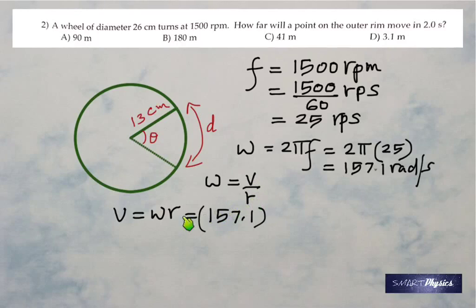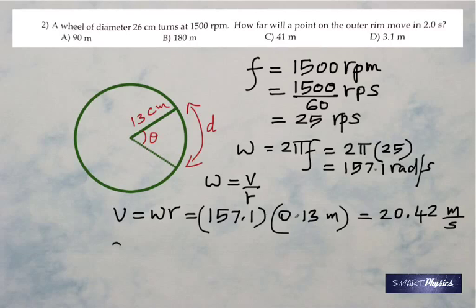And because omega is v by r, that's again another important relation, you rearrange and make linear velocity the subject. You know that omega is 157.1. Multiply with the radius, and you get 20.42 meter per second as the velocity. And now distance is velocity multiplied by time.